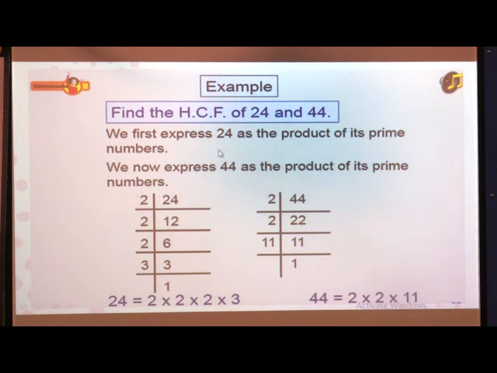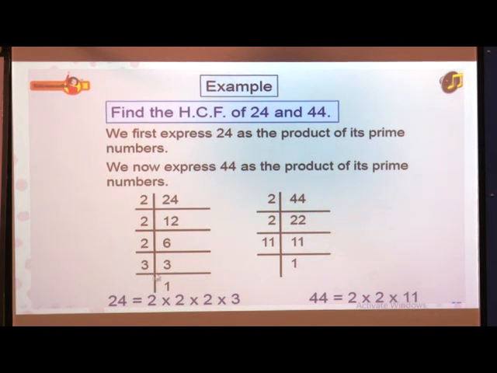Let us see here. First, we will find the factors of 24. 2 1s are 2, 2 2s are 4. Now, the number is 12. Let us divide this number again by 2. 2 6s are 12. 6 is the number. Let us divide it again. 2 3s are 6. Then next 3. 3 1s are 3.